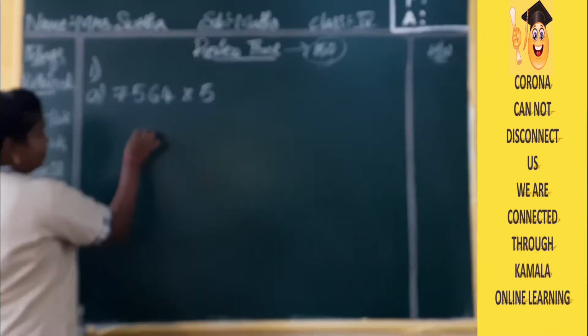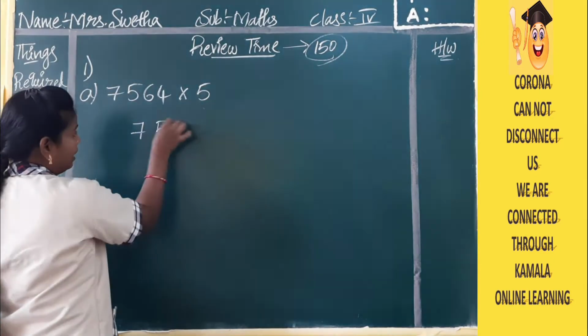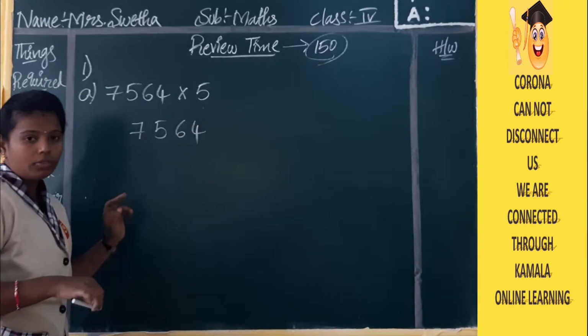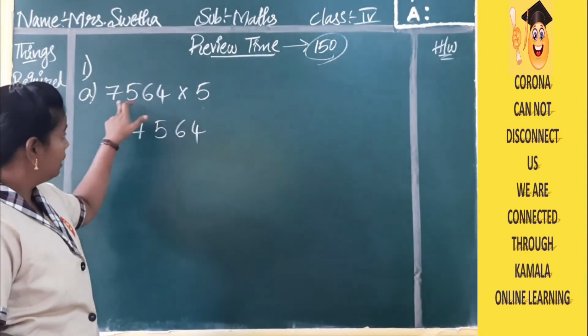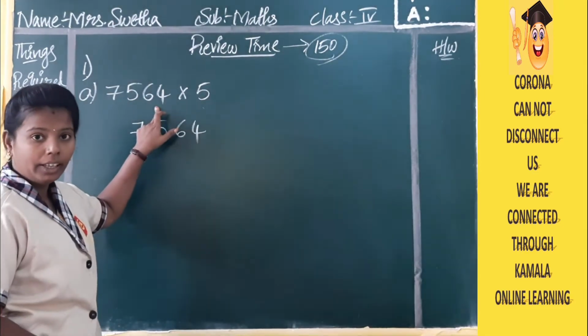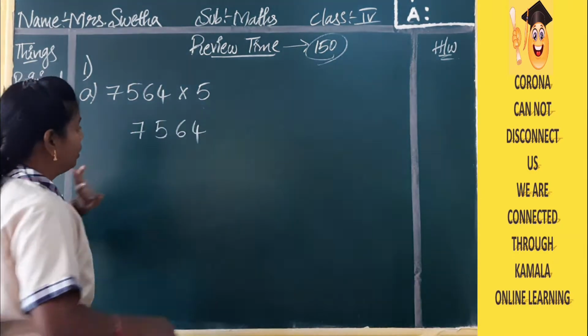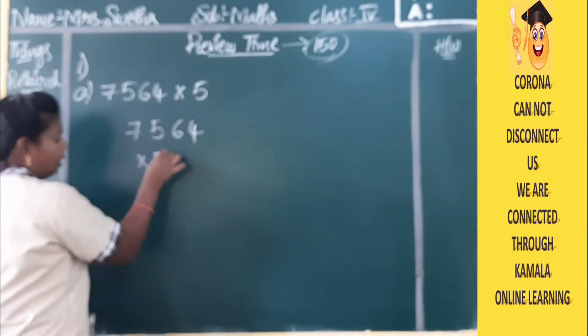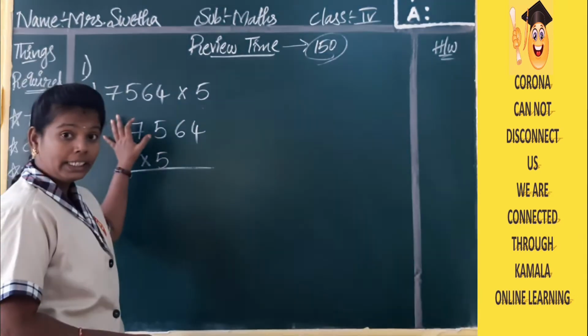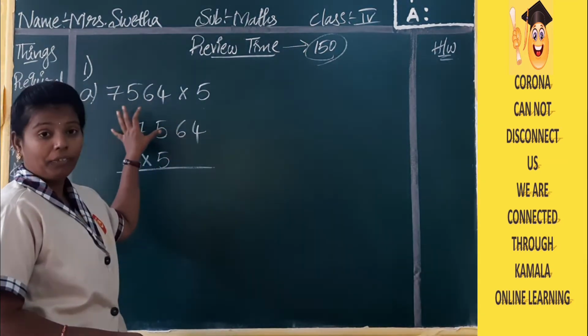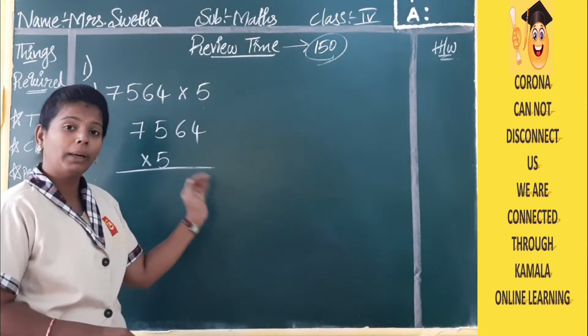So you have 7,564. This should be multiplied with your number 5. These problems I have explained to you, each and every number in this problem has a particular name.